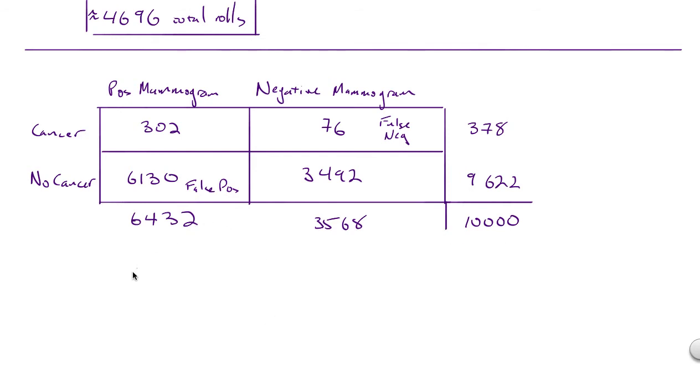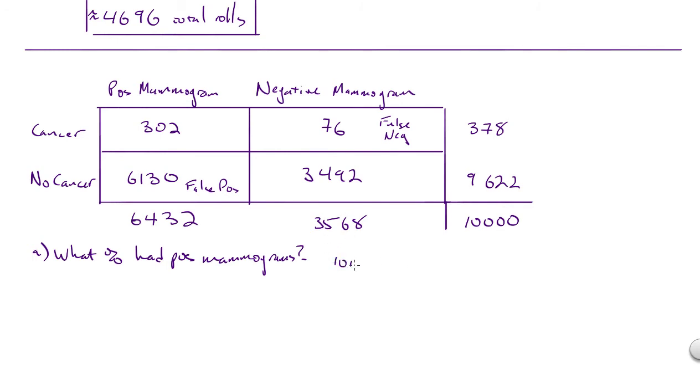So now we can ask a bunch of questions about this. For example, based on this data, we can ask simple questions like, what percent had positive mammograms? That means percent of the total, of all 10,000 tests, right?